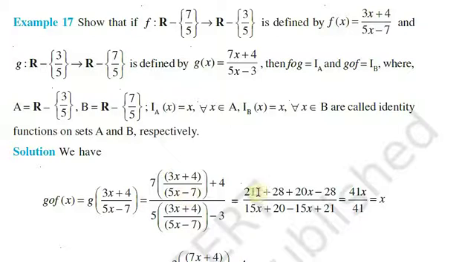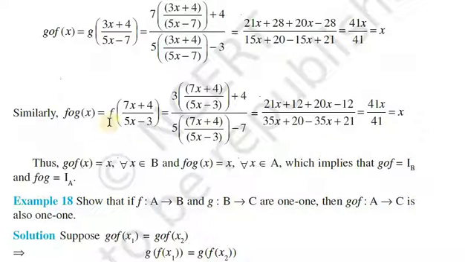Then you simplify this, and at last we got x. So we got that g of f(x) is equal to x, which is I_A. Similarly, we can see that f of g is also I_B.